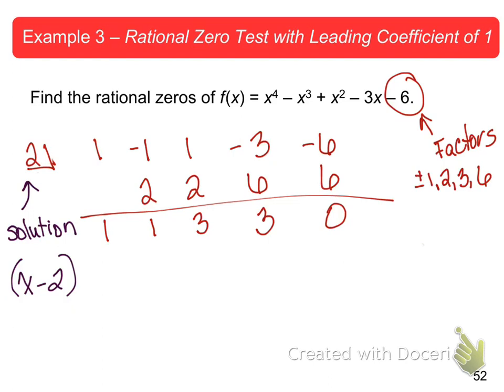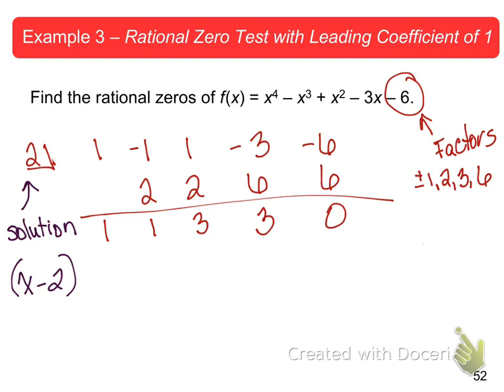X cubed. Perfect. You got it. It always goes in that order. Remainder. Constant. You can also think of this as x to the 0 power, but sometimes that confuses students a little bit, but that's essentially what's happening here. X to the first, x to the second, x to the third.